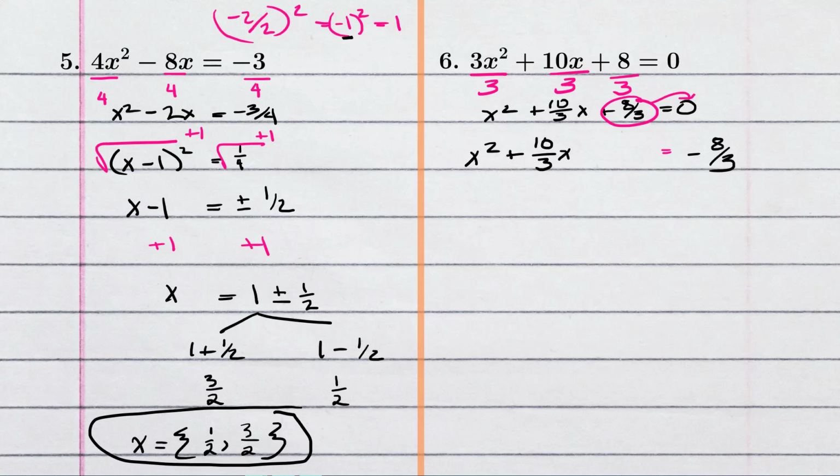And so I take that 10/3 and I divide it by 2, 5/3, and I square it, 25/9. I'm going to add that to both sides.